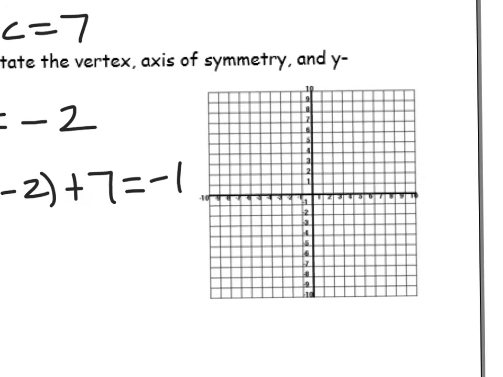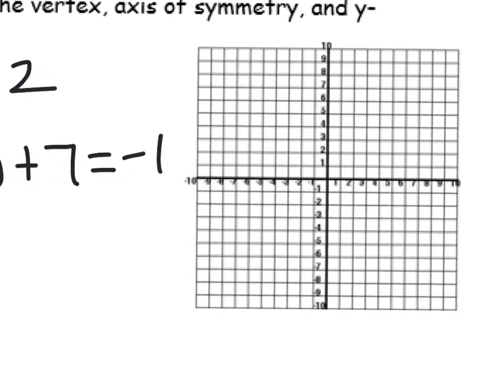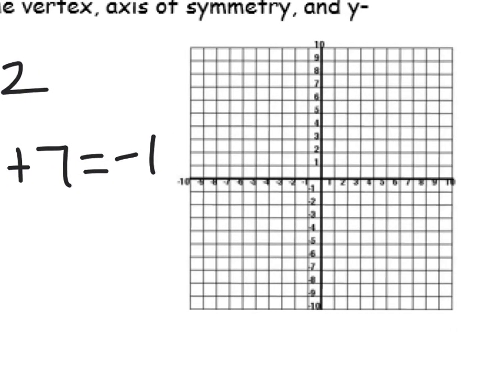In the meantime, let's zoom in here and see what we have. All right, the axis of symmetry was over here at negative 2, so I'm going to put that in. Negative 2, negative 1, that's your vertex. Then I found that the y-intercept is up here at 0, 7.